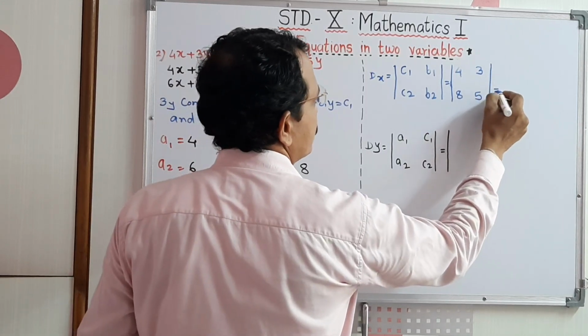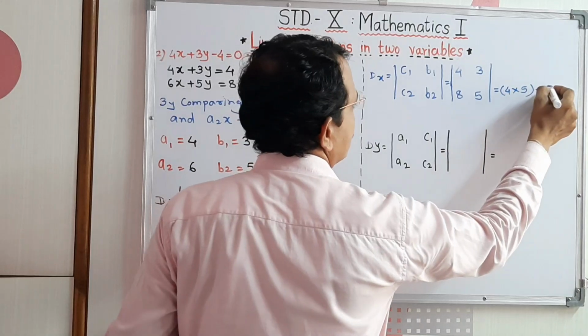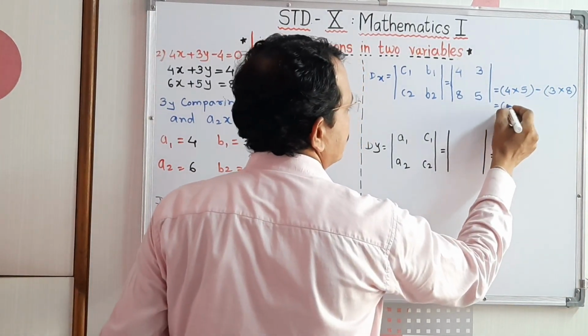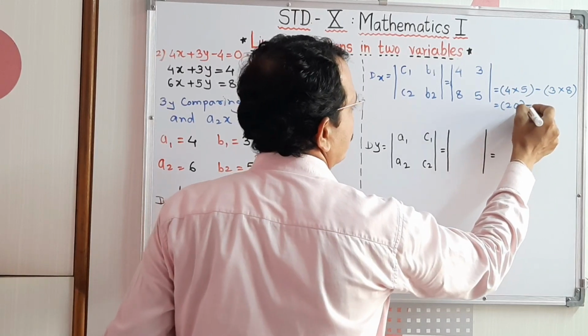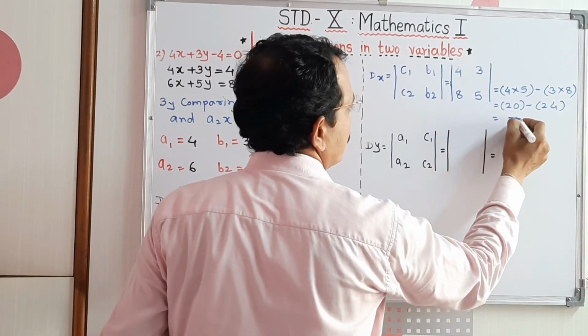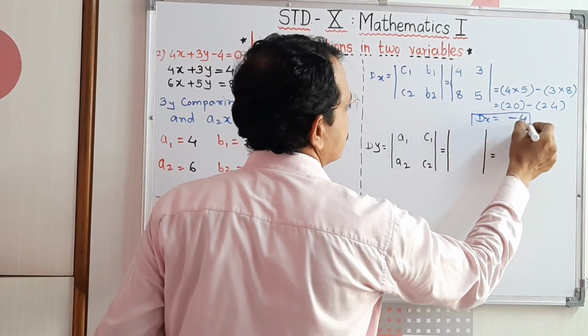Now see students, 4 into 5 minus 3 into 8. It is 20 minus 24. We get here minus 4 is the value of Dx.